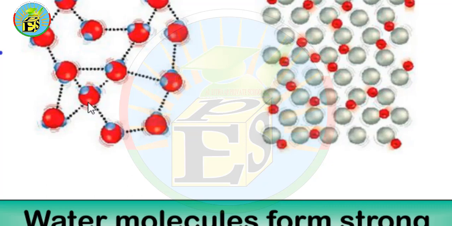As we see in the figures, water has strong bonds: this is oxygen and two atoms of hydrogen. The molecules are bonded to other molecules by strong intermolecular bonds. But in metals we have free electrons and weaker intermolecular bonds than water.